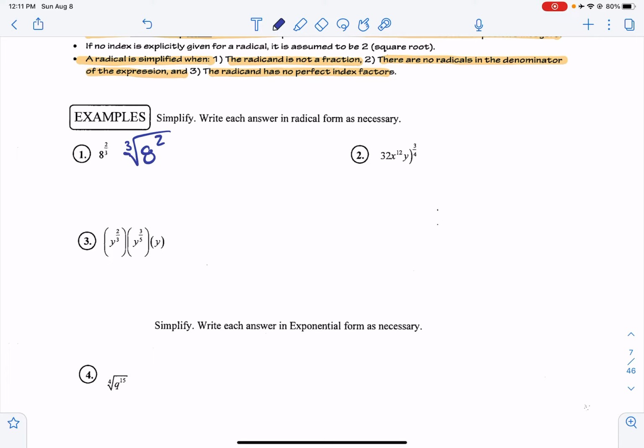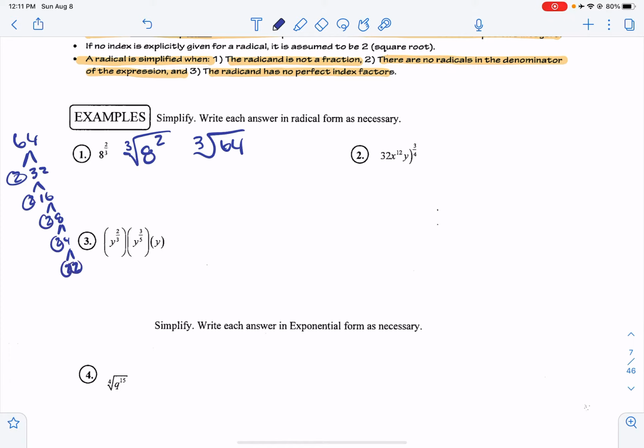Well, you know that 8 squared is 64. And what you learned how to do last time was if I take that 64 and I break it down, that's 2 times 32, which is 2 times 16, which is 2 times 8, which is 2 times 4, which is 2 times 2. So last time you took all of these 2's and you rewrote this.